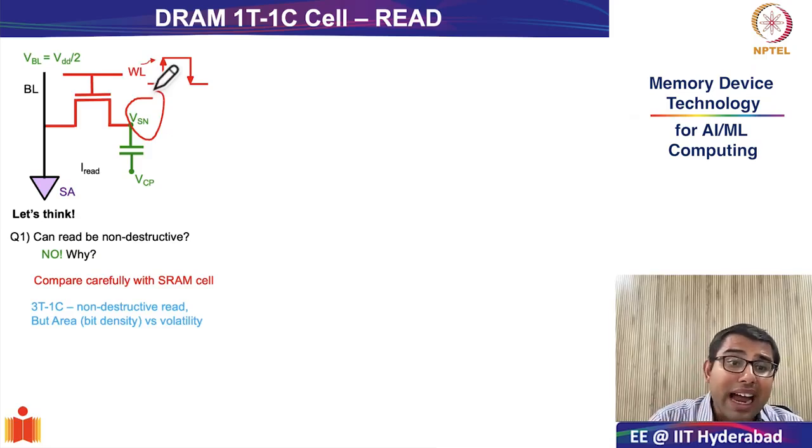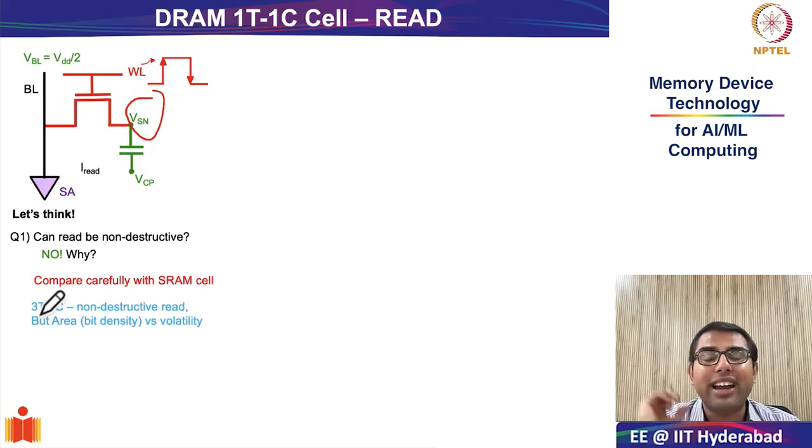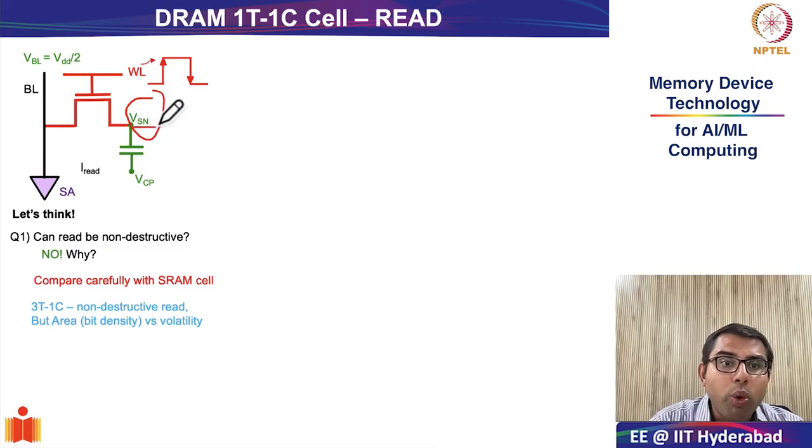Please recall that a different scheme called the 3T1C cell was also discussed in the first lecture, the historical overview of the DRAM cell, where you had connected the storage node capacitively with two more transistors.